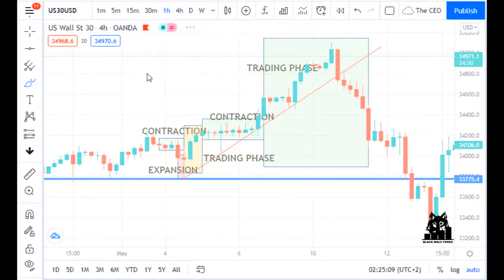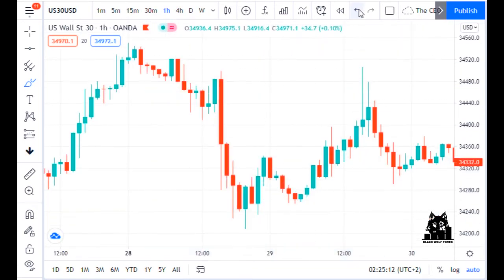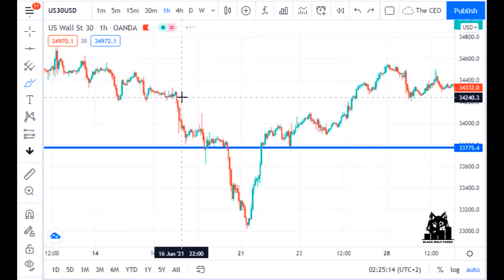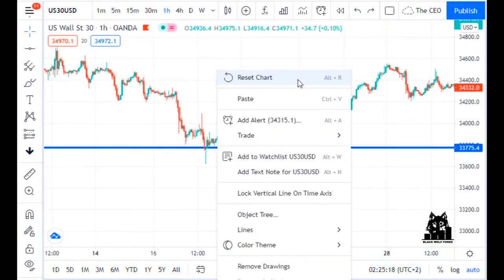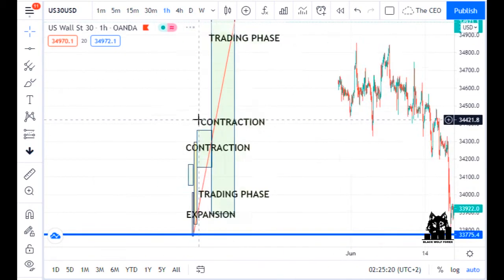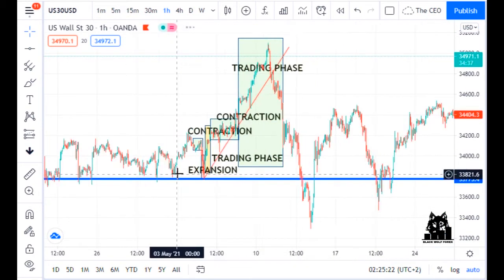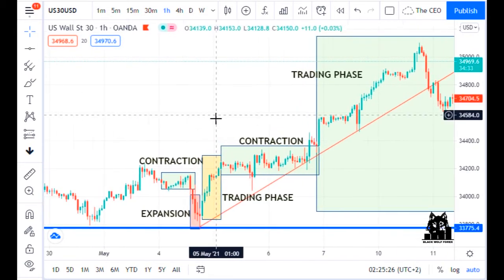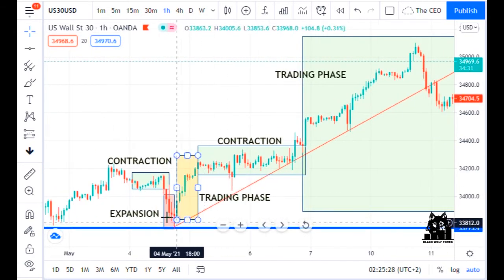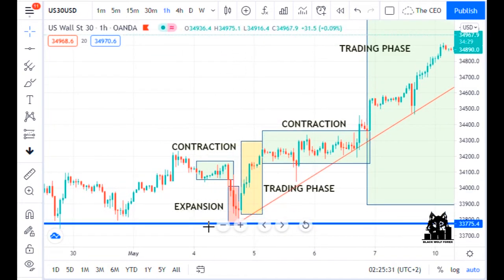As you can tell here, the market is at your support, and again it is after your expansion phase. Your expansion phase has just completed, which makes it a perfect opportunity for you to buy.